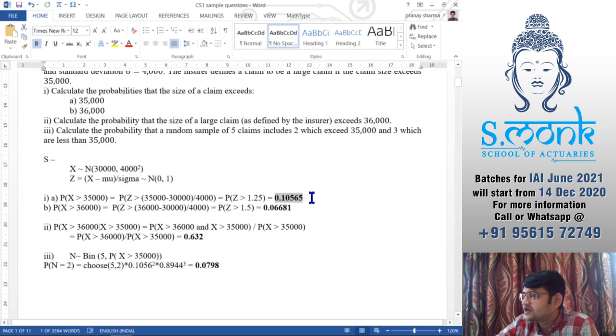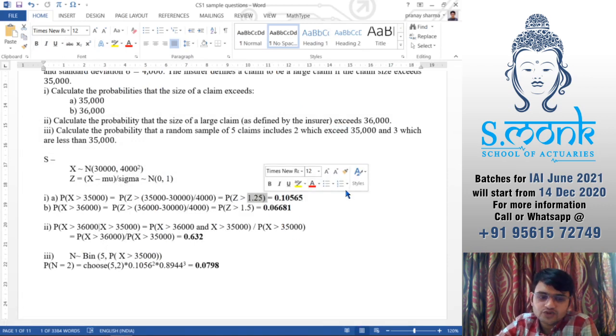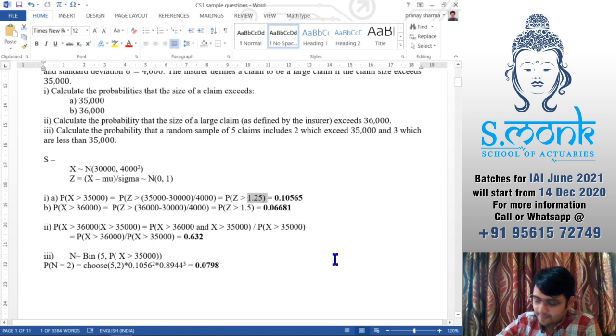In this case we directly had 1.25, but if you have more decimal points, I take up to 3 decimal points and then find the value. Don't take more than 3 decimal points. It just does not make much difference if you take 4, 5, or 6 decimal points. 3 decimal points work as well.